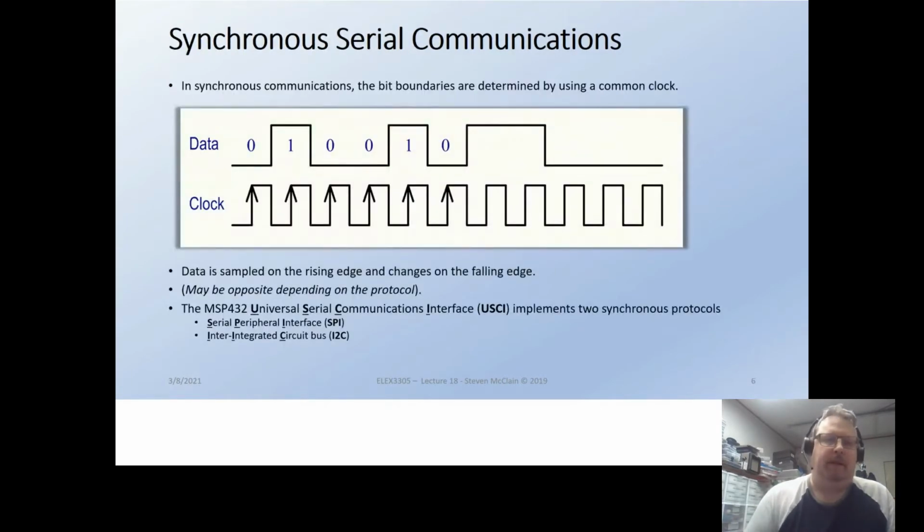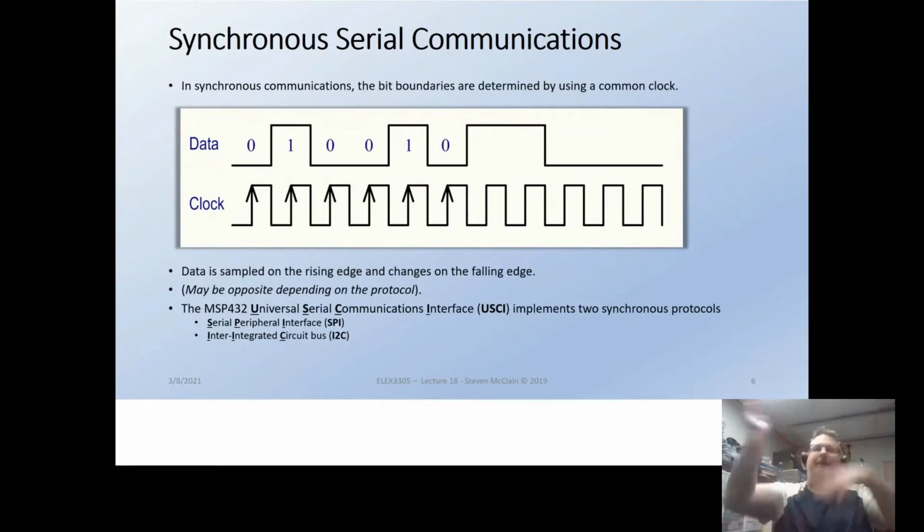Well, in this case, the clock is like a metronome. The rising edge is when it's actually looking at the wire. It's deciding whether it's a 0 or 1 as the clock edge rises.